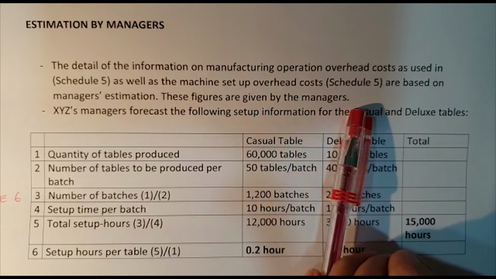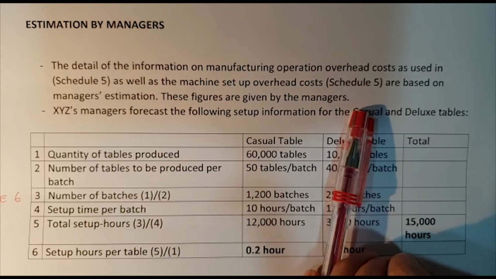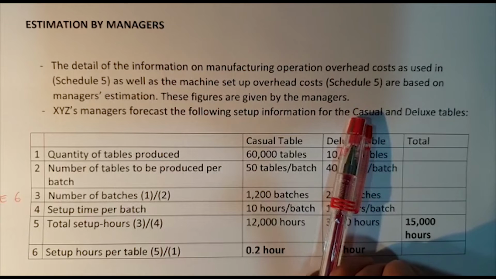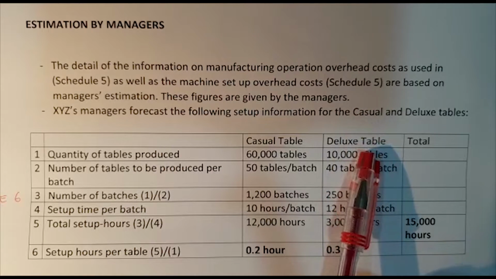So if we are going to prepare Schedule 5, some information there is not directly provided. We didn't actually calculate it. It's based on the direct information given or the estimation by the managers.